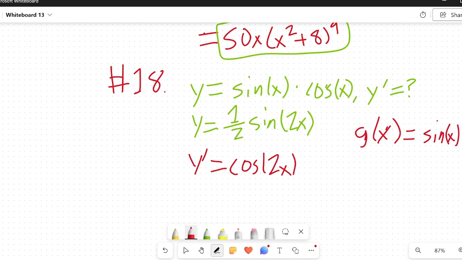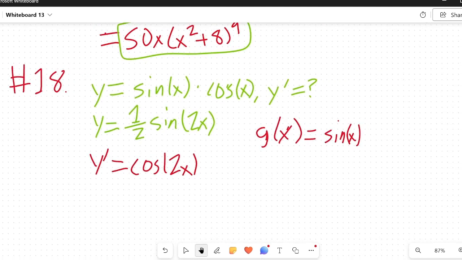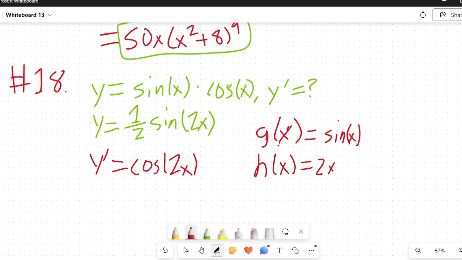And then h of x will be equal to 2x, right? So remember, this h of x is encapsulated inside of this g of x. So that's essentially how we would apply it if we were using chain rule.